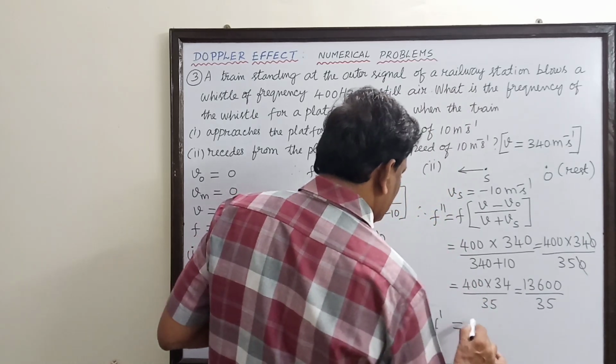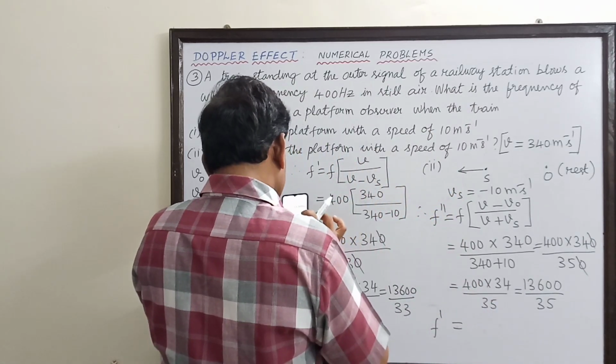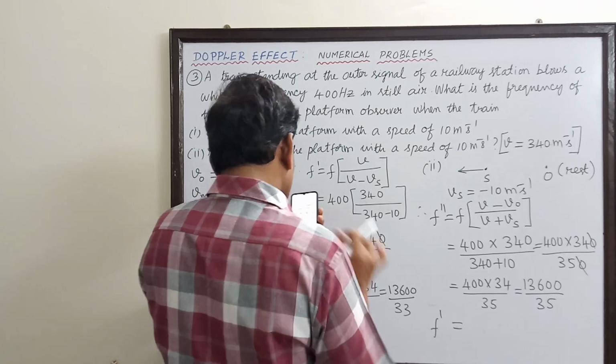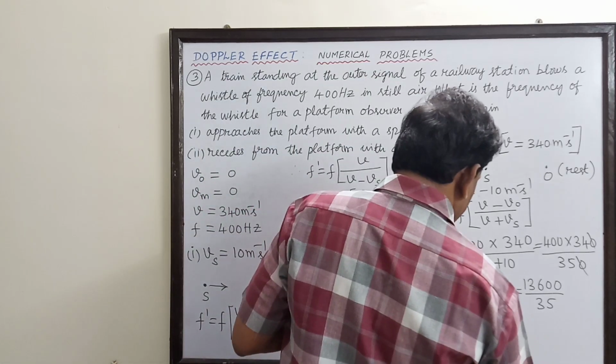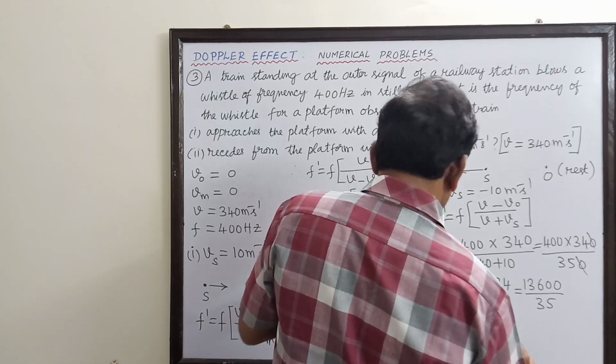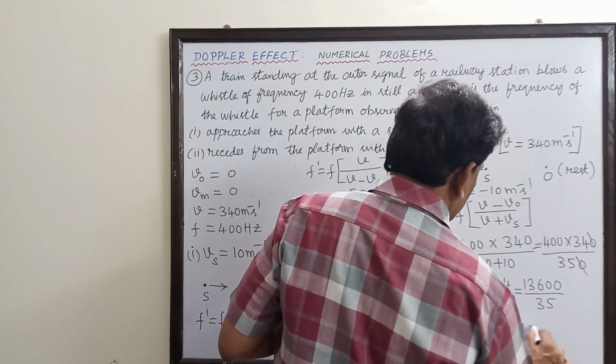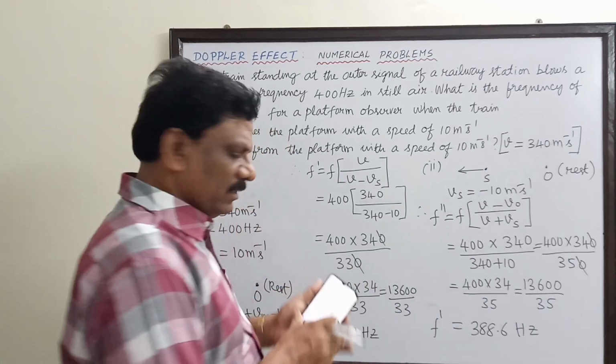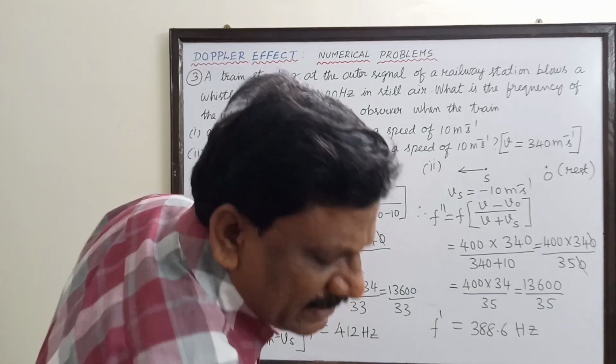So f double dash is now equal to 388, nearly 388.6 hertz.